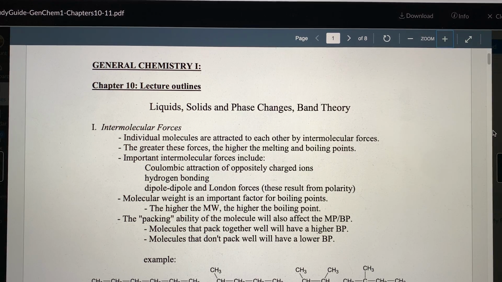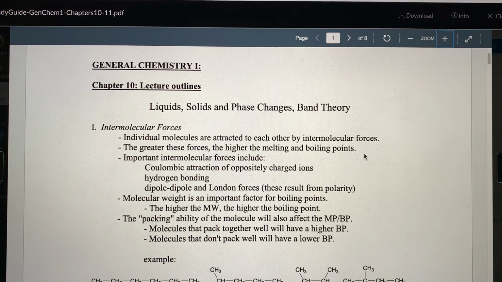First of all, intermolecular force. Intermolecular force is the force that holds molecules together, so they stay together. The reason we need to know this is that the greater these forces, the higher the melting point, and in general also the higher the boiling point.